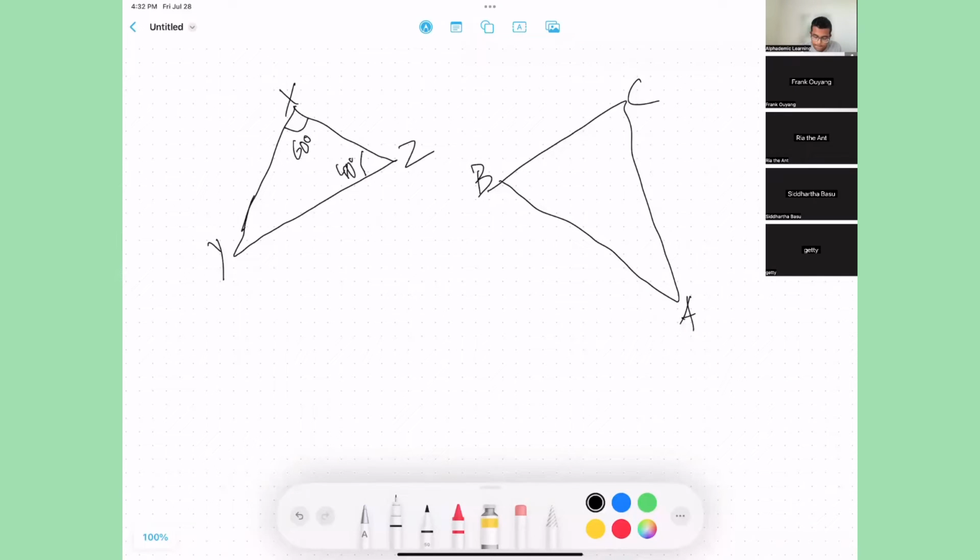And then again, if I say that this angle is equal to 60 degrees, and this angle is equal to 40 degrees, and if this says 5, and this says 5, can we say that triangle XYZ is congruent to triangle ABC?